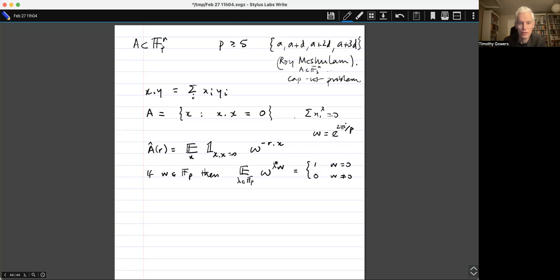If w does equal 0, we just get omega to the 0, which is 1, and we get 1.